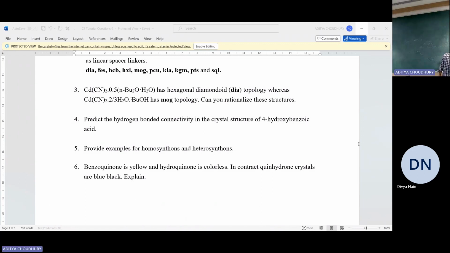And if you remember, adenine and the nucleic acids we have studied, right? All are again other synthons. A, T, G, C, to form one.